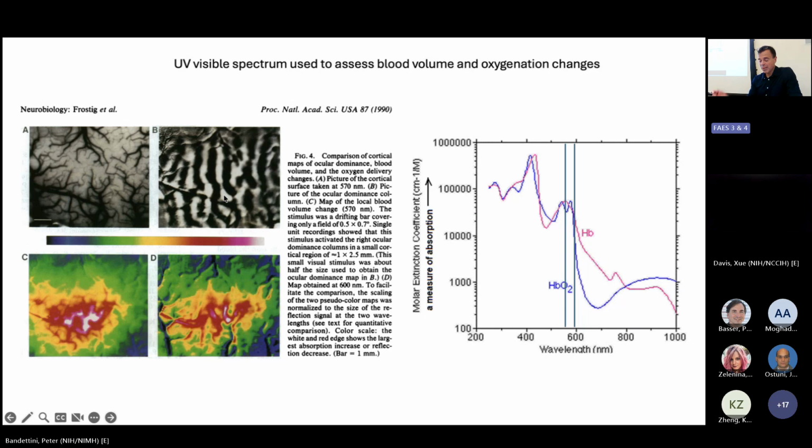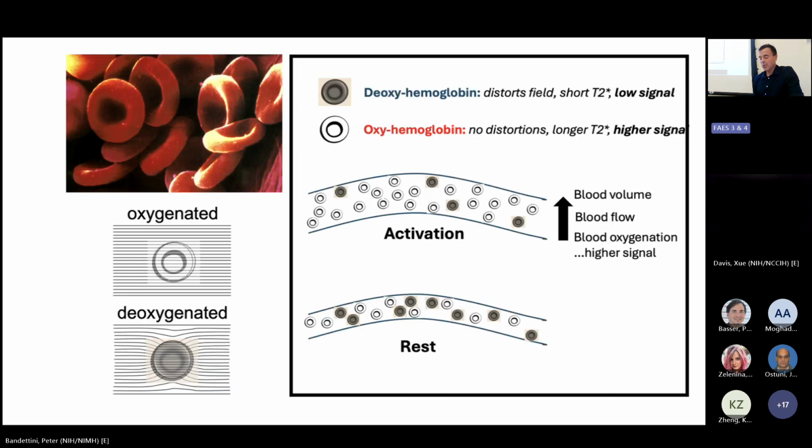He was also showing oxygen columns, but here he just showed the reflectance changes of the blood, looking at blood volume and blood oxygenation. That came out in 1990, so those were already out when we were trying to write up our papers. We found these papers, referred to them, and were able to write it up.